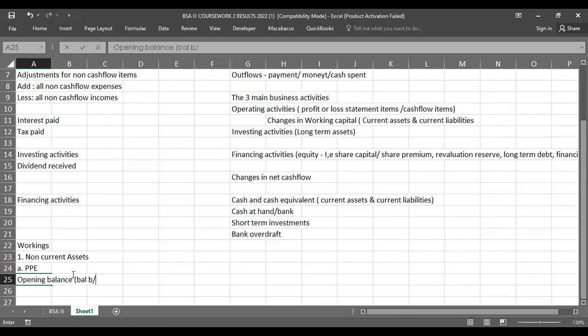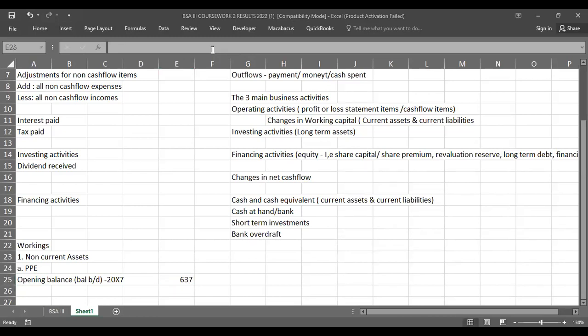Balance brought down. Okay. This one, of course, we're referring to 2017. Let me emphasize the previous year. 2017 is the opening balance. The closing balance of the previous year is the opening balance of this year. The amount is 637.